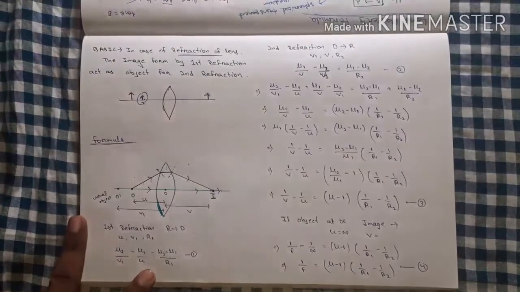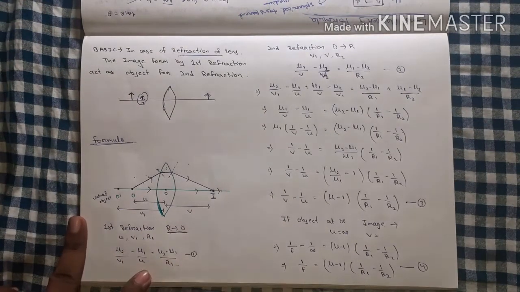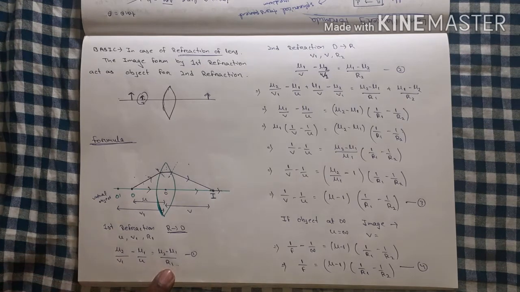Yes. And the first refraction is rarer to denser. Then we can put this formula, before we derive it: mu2 by v1 minus mu1 by u equals mu2 minus mu1 by r1. You may ask, sir, what is r1 and what is r2?